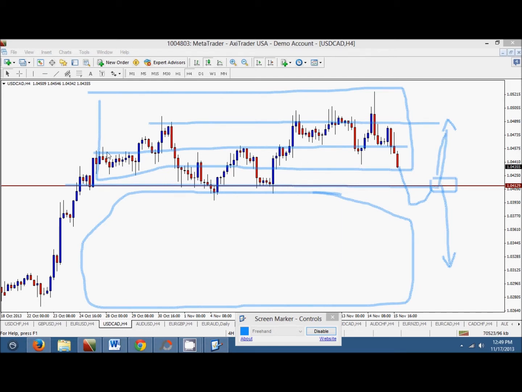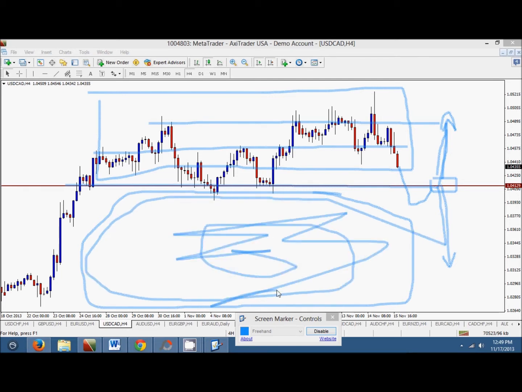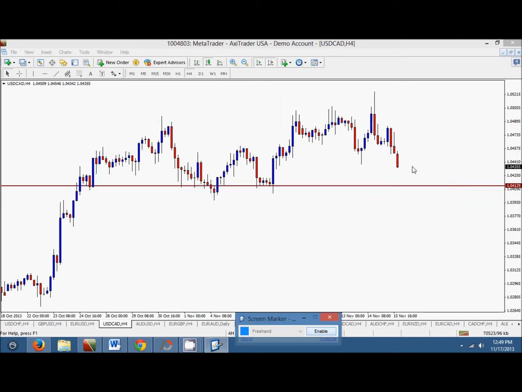As you can see, there's all kinds of minor support and resistance zones all throughout here that would interfere with prices moving up. Now if prices shot down, there's nothing over in this area to interfere with prices moving down. So that's why we're going to be ideally looking for this support zone to get broken, then for us to short this pair.